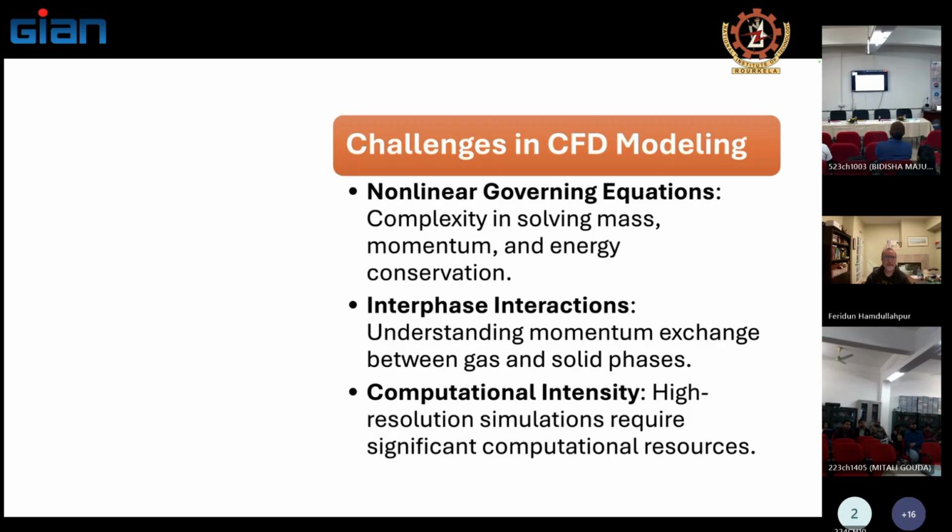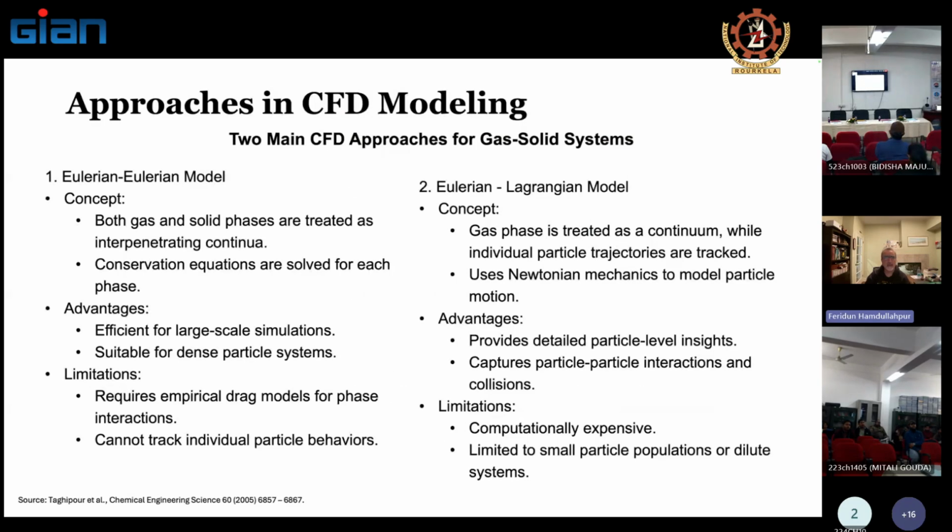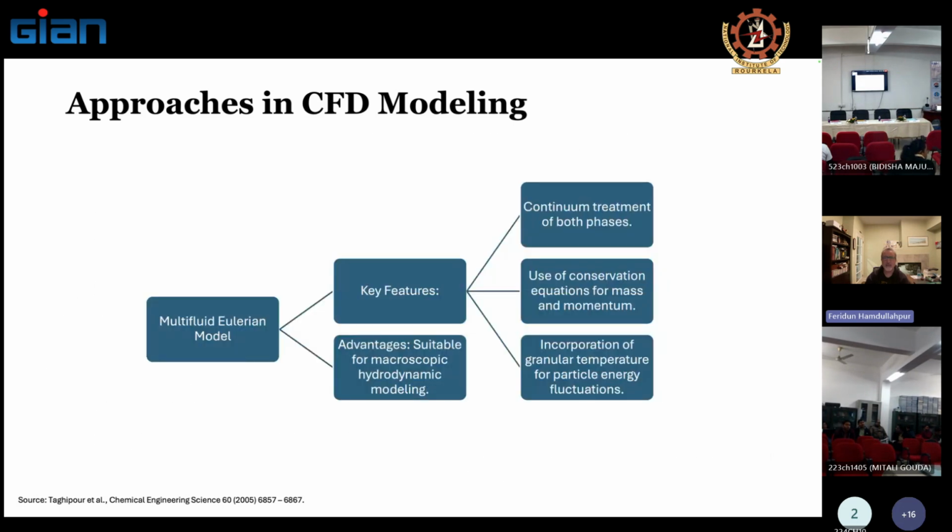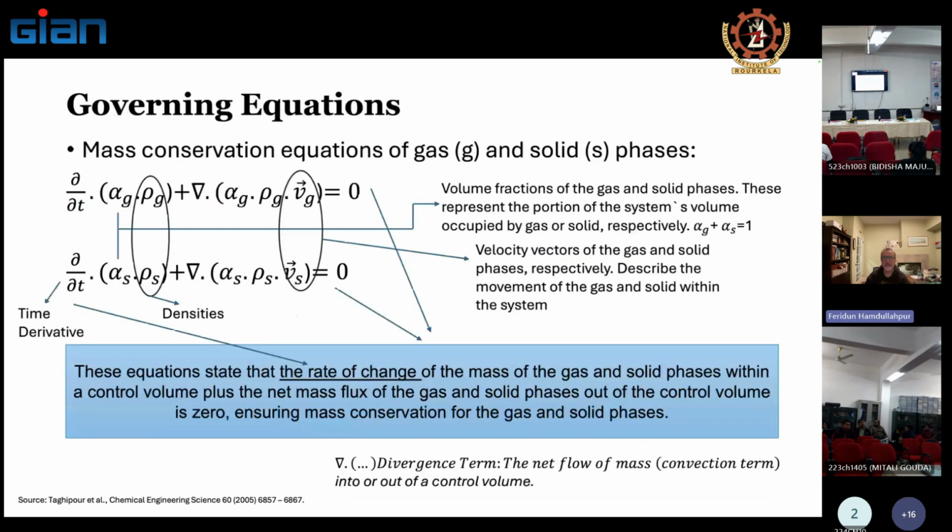So again, you can use your Eulerian means, why am I repeating that? Eulerian, Lagrangian. One is for the gas phase, the other one is for the solid phase or particle phase. And using those will give us very good prediction.